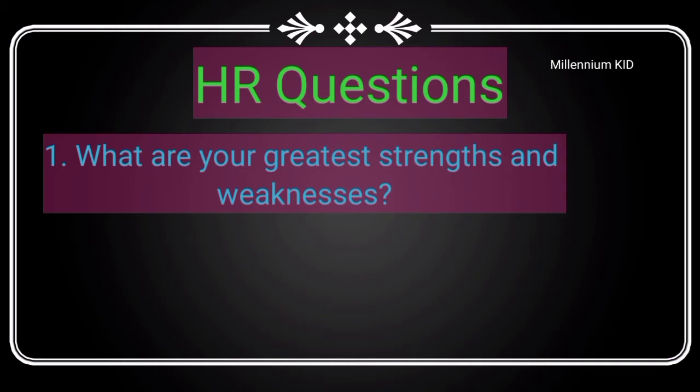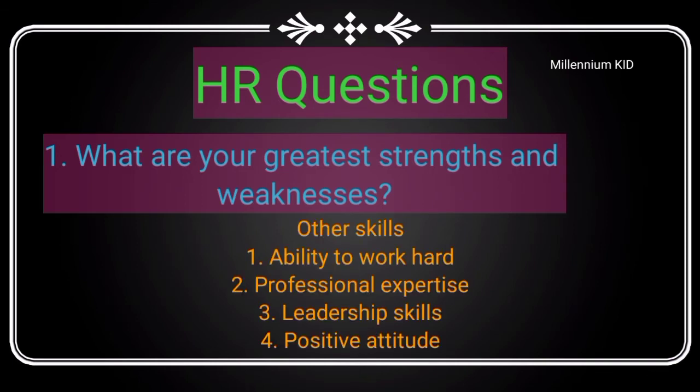If you want, you can follow this, and along with that you can also mention your ability to work hard, professional expertise, leadership skills and also positive attitude. Whatever you're explaining, always try to give an example for that. Suppose you're saying that you have a positive attitude, then try to give an example.